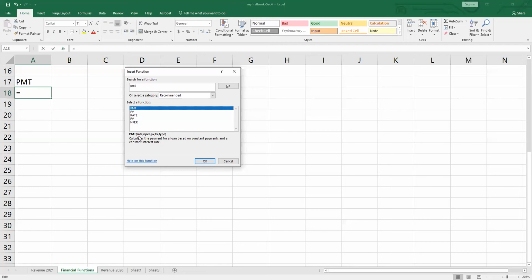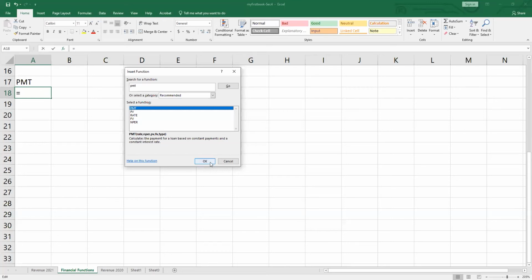And type is the extra argument. It tells us when you have to pay the money for this loan. You want to pay at the beginning of the period or at the end of the period every time. I'll show you when we see the example.